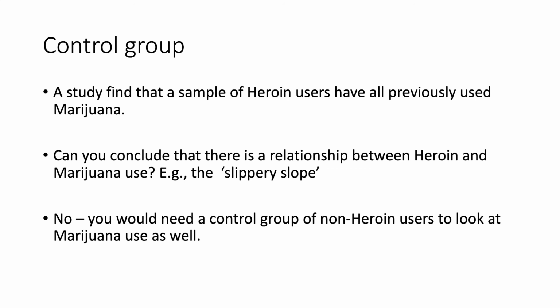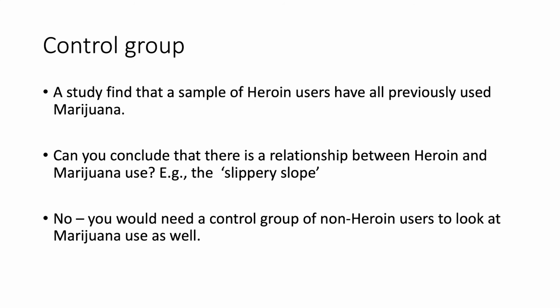That's the wrong way to look at it. To really make an argument that marijuana leads to heroin use, you would need a control group of non-heroin users to look at how much marijuana they use as well. That's the same logic as saying, let's say you go to a drug clinic and you've got a sample of heroin users and you ask them all, have you drunk tea?